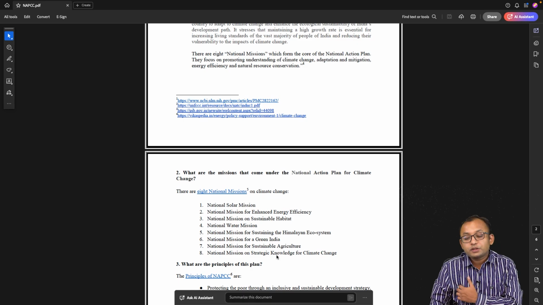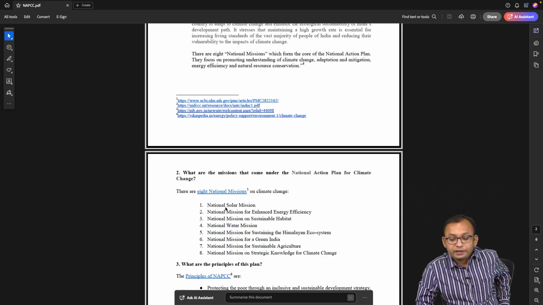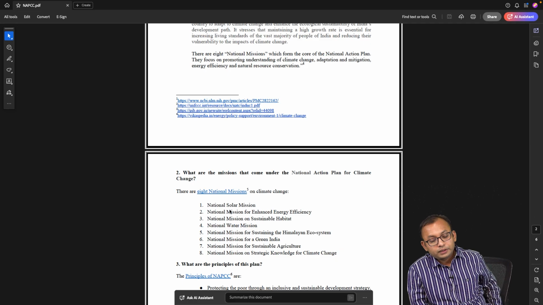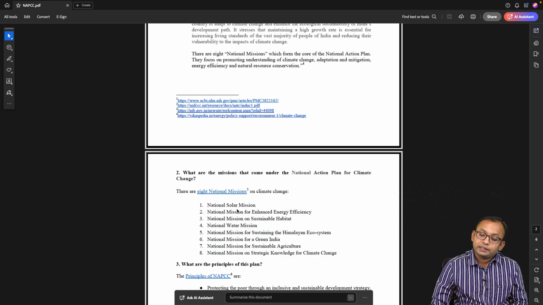So, what are the missions that come under the National Action Plan on Climate Change? There are 8 national missions they have framed. Basically the National Solar Mission, where they are talking about solar renewable energy sources. Then the second is the National Mission for Enhanced Energy Efficiency.